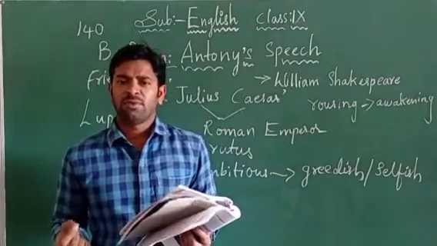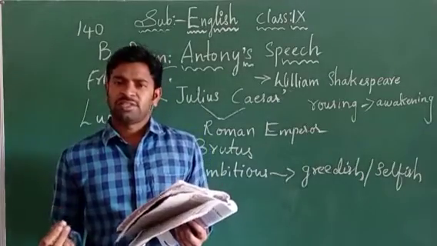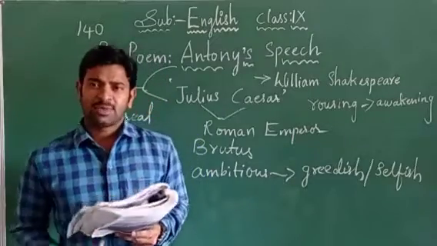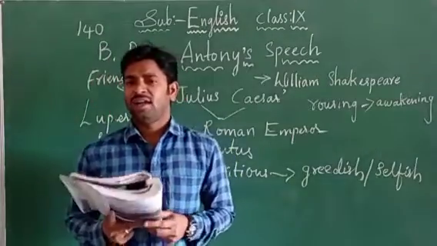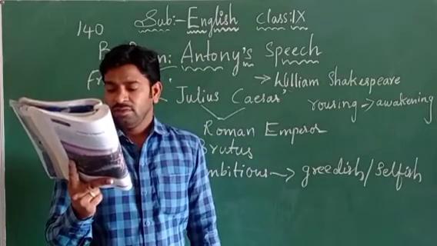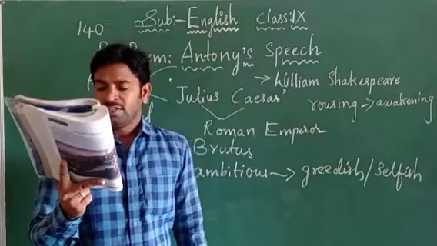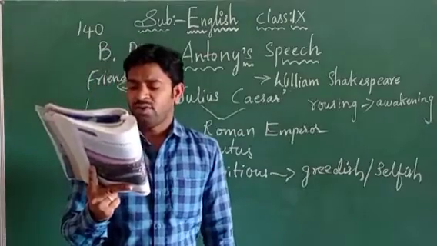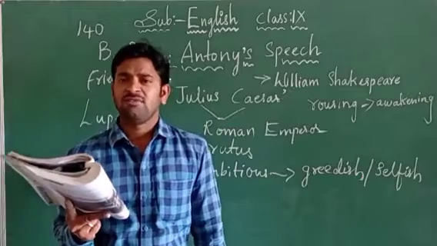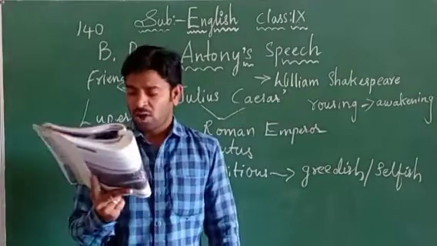Crowns are presented to which people, children? For the kings only. So our Antony has presented the kingly crown three times, which he did thrice refuse. Was this ambitious? So for three times he refused to take the crown.